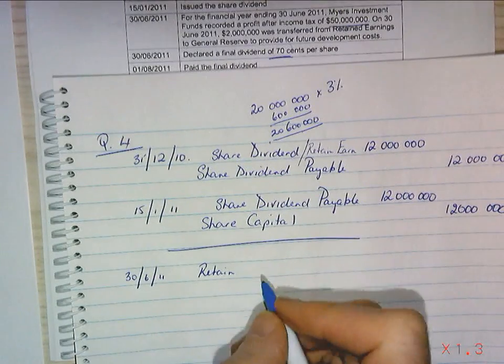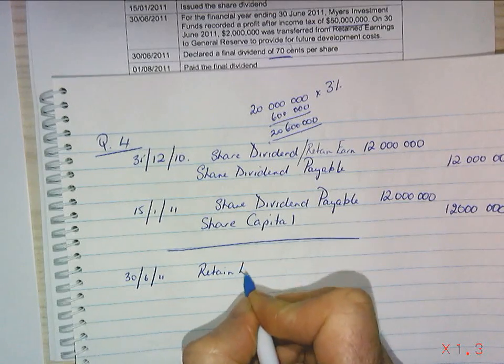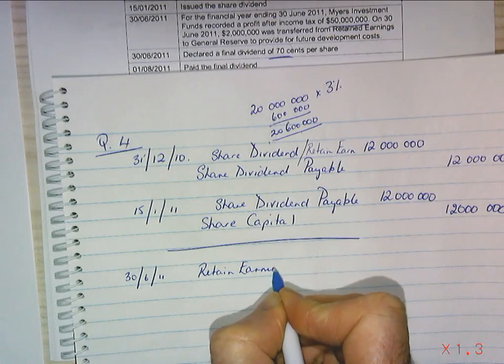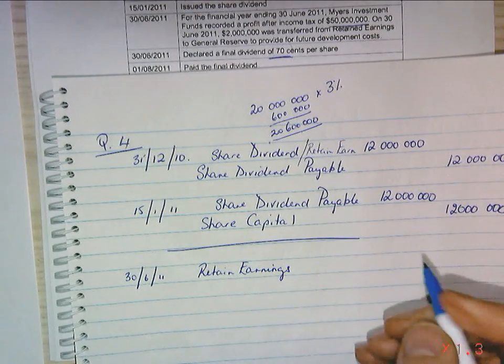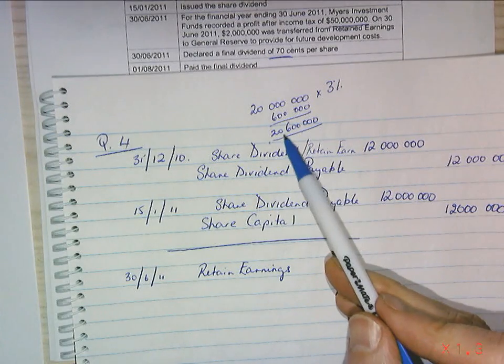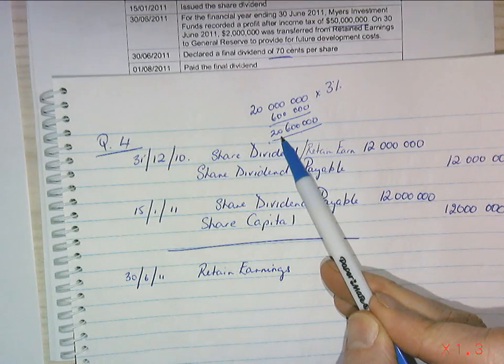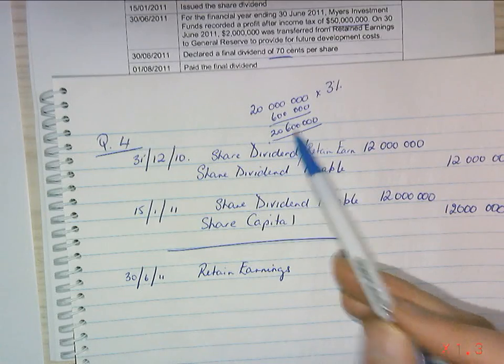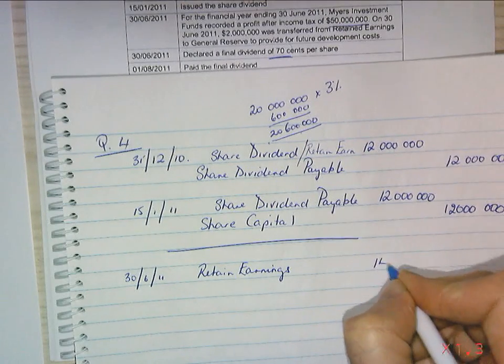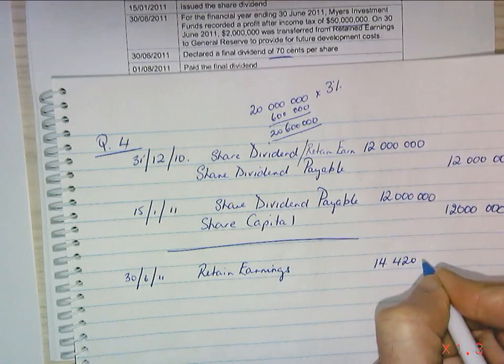So therefore my retained earnings is how much? What's 20,600,000 by 70 cents? It'll be 14 million. So what's 6 times 7? 42. Here we go. 14,420,000.